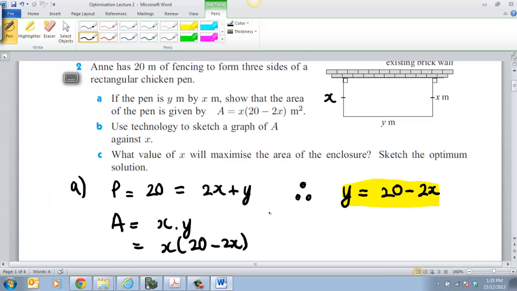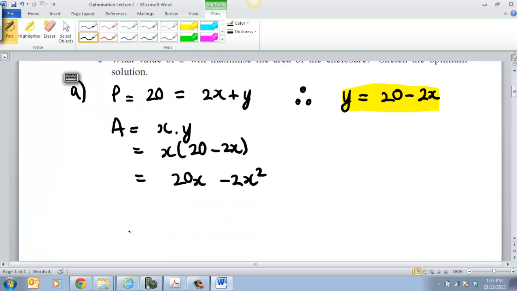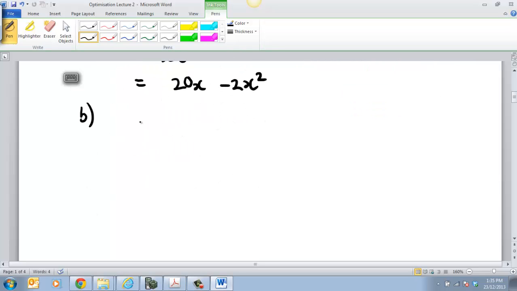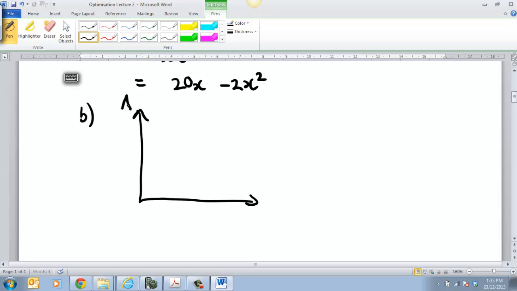Alright, so if I go back to my thing over here, it says use technology to find a sketch. Alright, so I should just sketch it. Okay, so this is my area. Alright, remember I made that 100. So it's going to go like that. We know that value there is 50. That's the key thing over here.